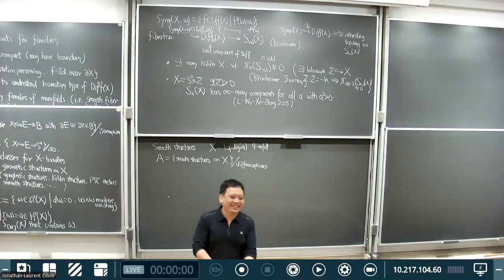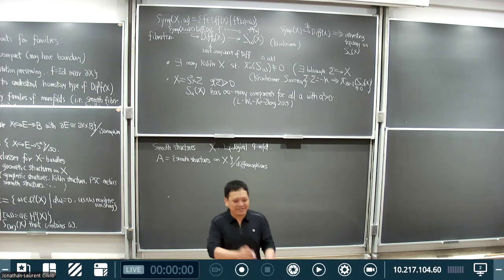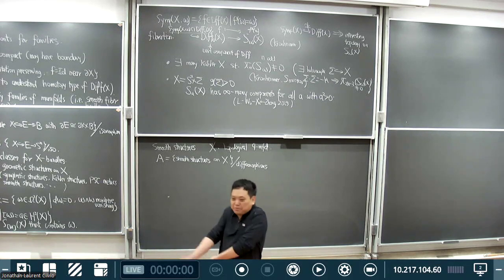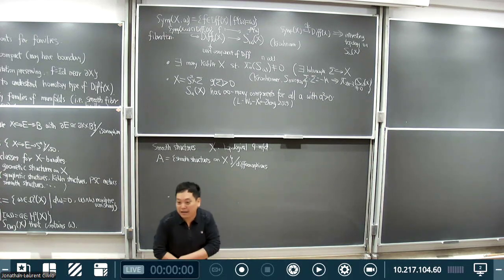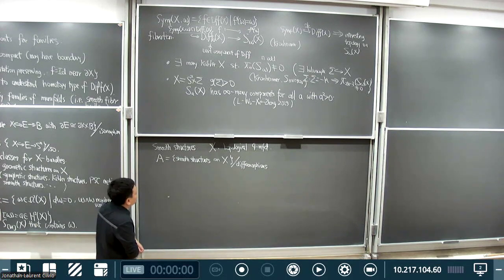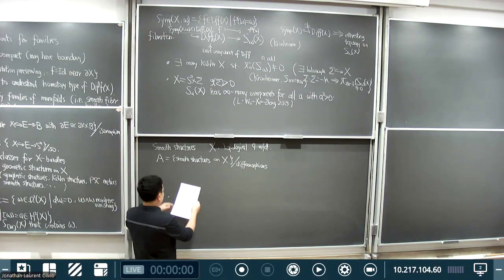That's not so interesting. When we say a manifold has more than one smooth structure, we really mean more than one up to diffeomorphism. So really here we mean A has more than one element.